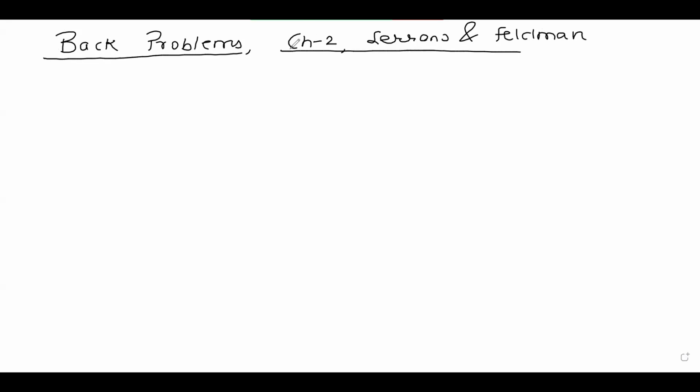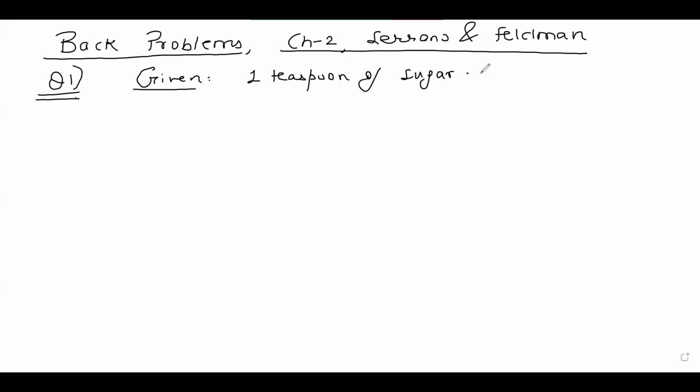So we are looking at problem number 1. Now understand this. We are given that 1 teaspoon of sugar contains 6 grams.